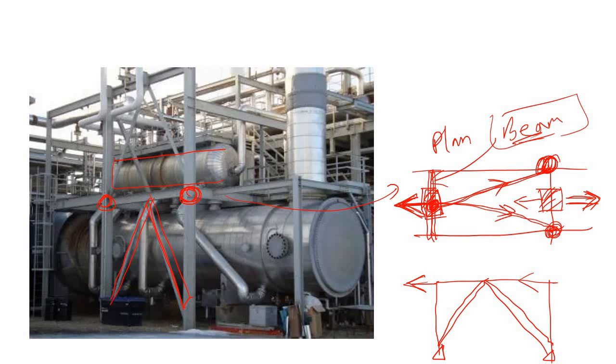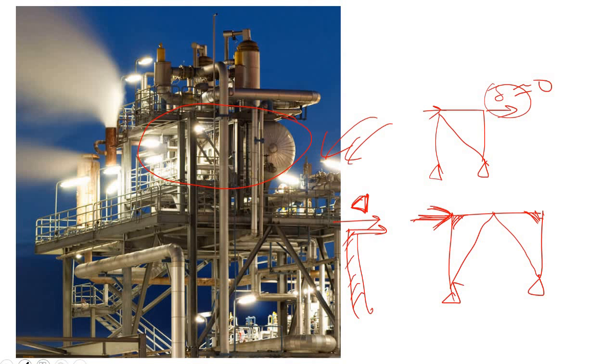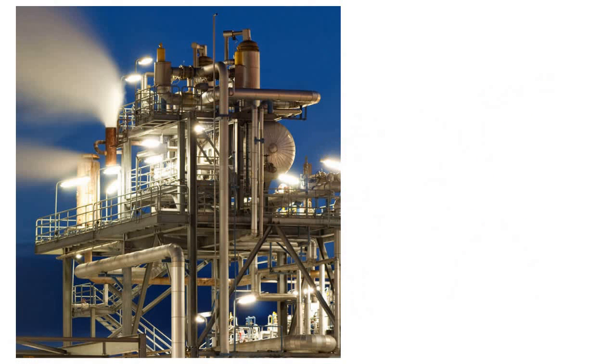Okay, now come to this another example. First let me clean this one. Here also, as the exchanger is facing like this, it will have a bundle pull force, an extraction force in this direction. So we need a bracing in this direction. Here you can see they have already put a bracing like this.